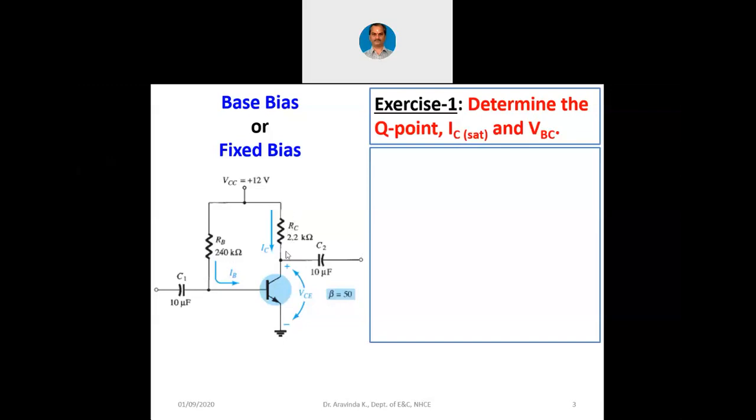Now once you find out IC into RC, apply KVL at the output side. 12 volts minus ICRC is going to be VCE. So you quickly give me the answer for the coordinates of the Q point. Find out IB, then find out IC, then find out VCE within the next 2 minutes. I'll keep watching the chat box.